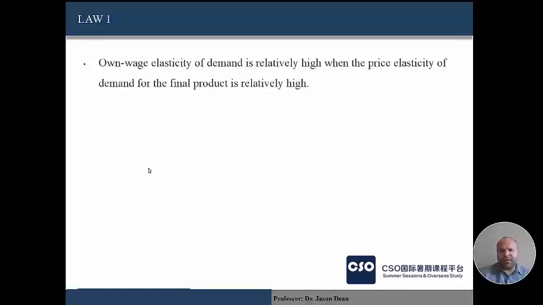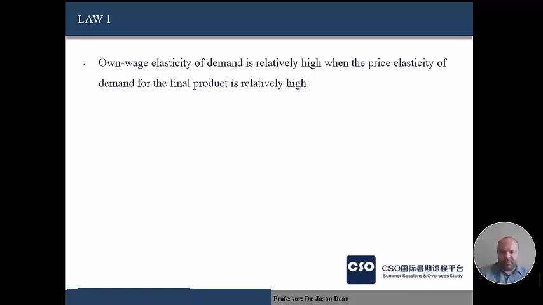For the first law, we're saying that the own wage elasticity of demand is relatively high when the price elasticity of demand for the final product is relatively high. This is easy to conceptualize.